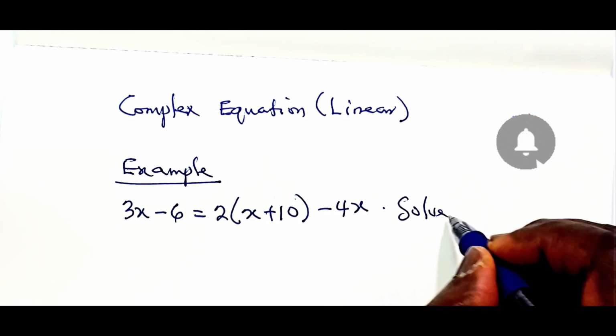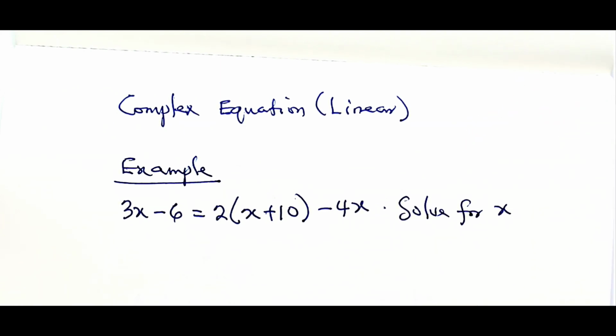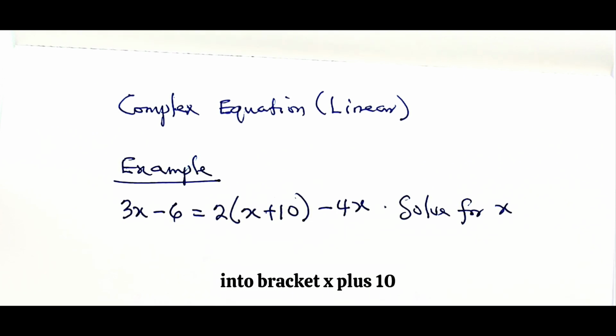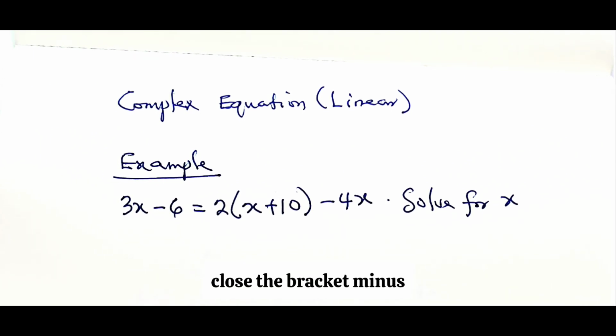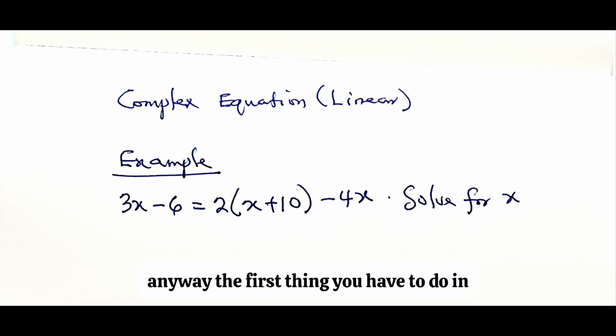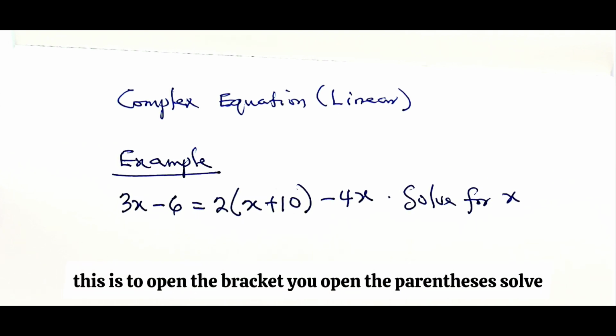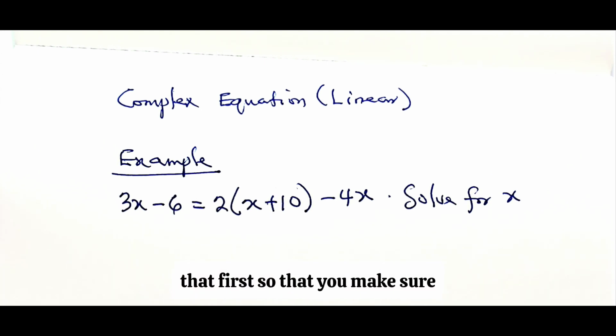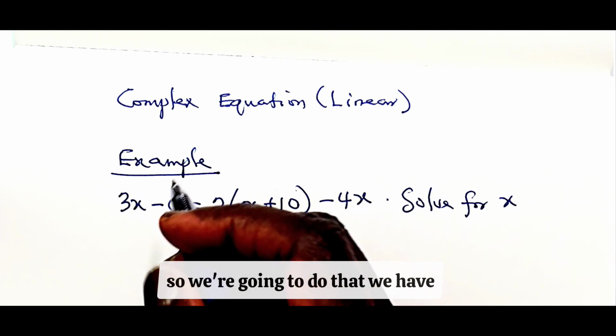Solve for x. If you are given 3x minus 6 equals 2 into bracket x plus 10, close the bracket, minus 4x. Anyway, the first thing you have to do in this is to open the bracket. You open the parentheses, solve that first, so that you make sure that your equation is solvable and is a linear equation.